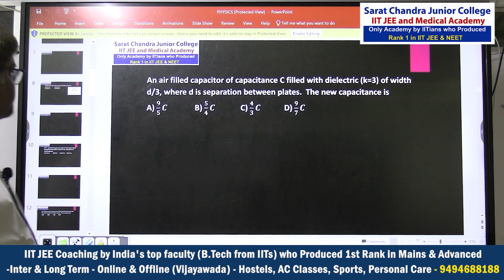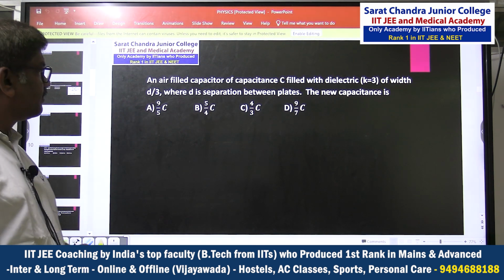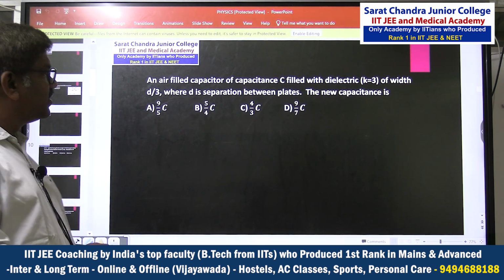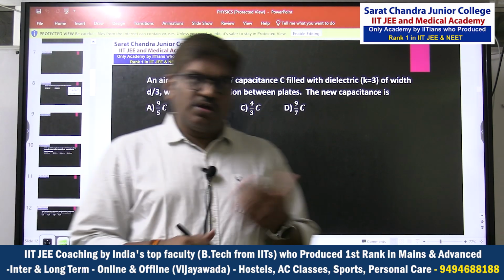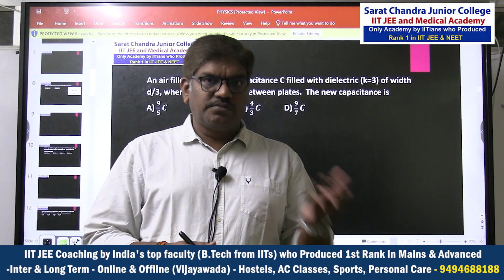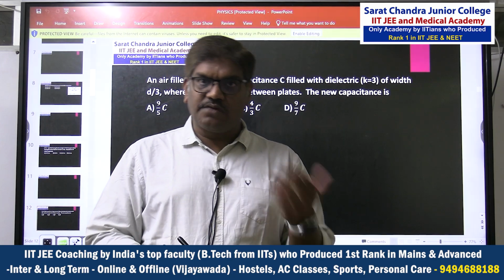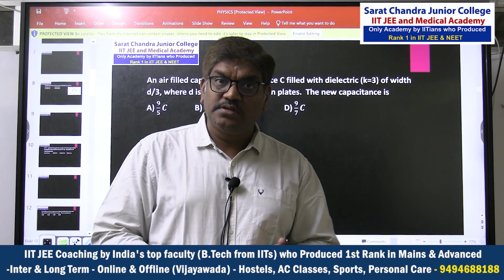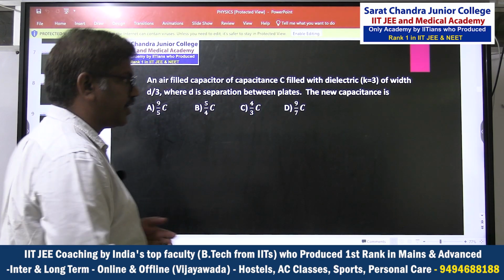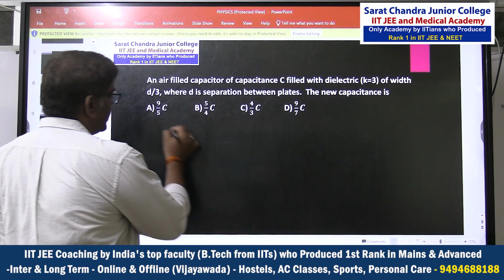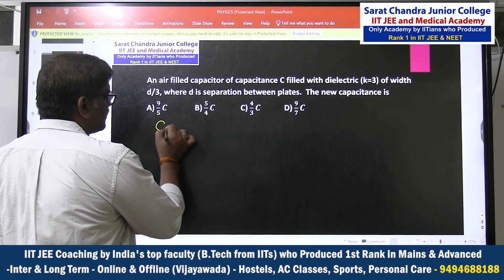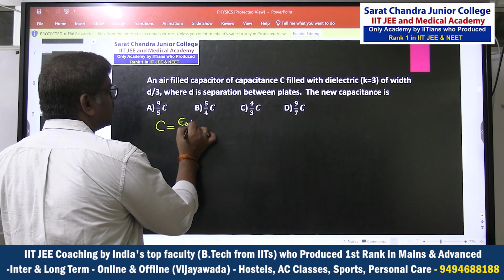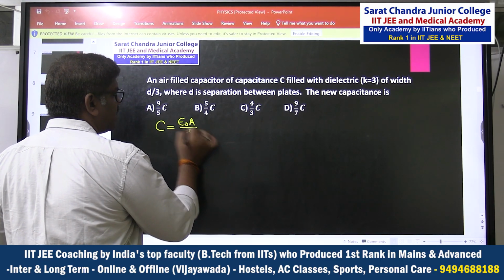Okay, this question belongs to capacitor, and again the direct definition of capacitor. You have studied capacitor with dielectric, without dielectric, as well as partially filled dielectric. So here also directly, when it is without the dielectric, what will be your general expression of capacitor? In the parallel plate case, it is epsilon naught A by d.